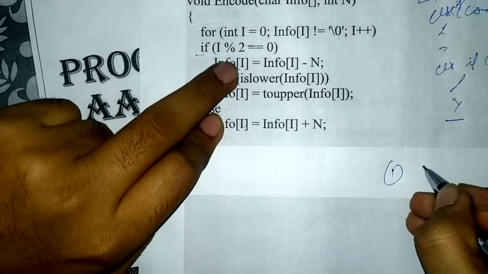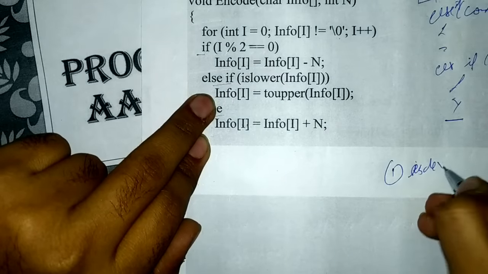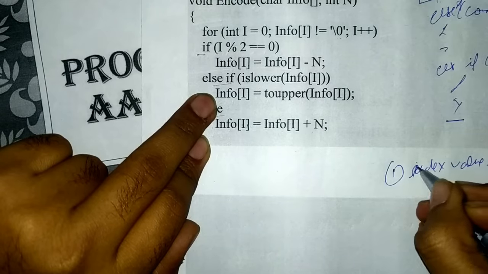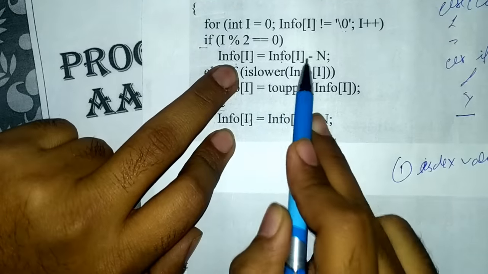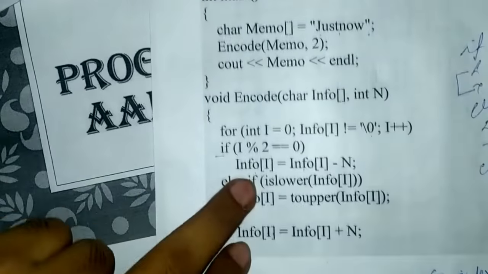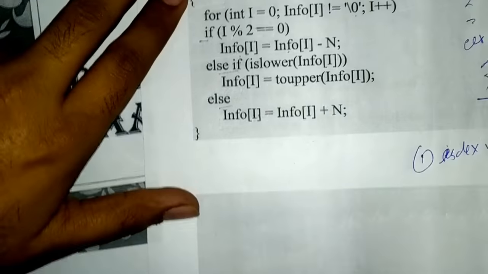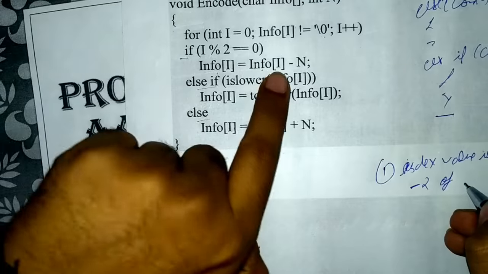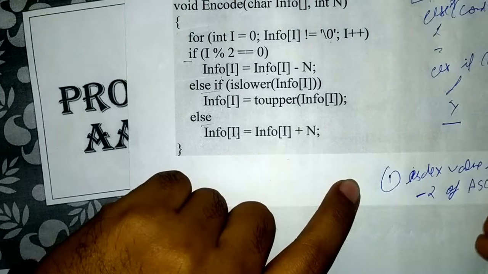That means if the index number is even, then what we are doing is info[i] equal to info[i] minus n, and the value of n we are passing to the function is 2. That means minus 2 of the ASCII value.